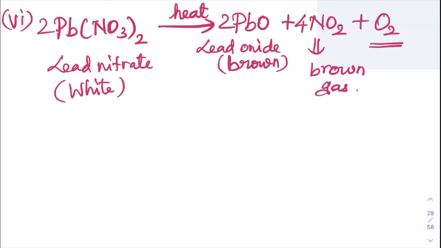And the evolution of oxygen gas in this reaction can be identified by bringing a burning splinter near the mouth of the test tube in which we carry out the experiment, right? What happens to the burning splinter? It burns very brightly because oxygen is a supporter of combustion. Yes.